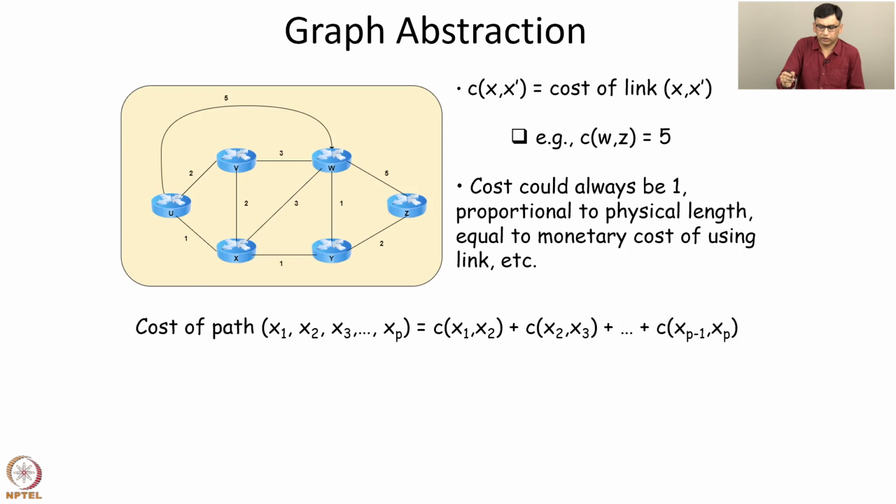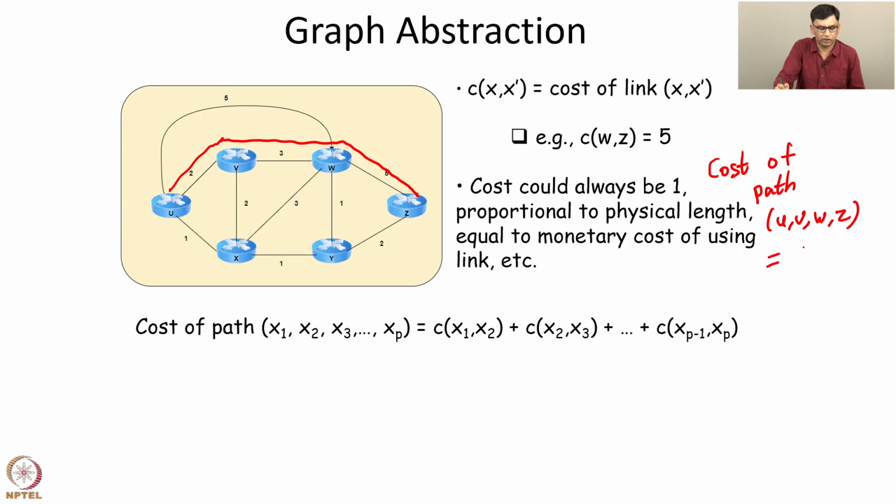Consider the path from U to V, V to W, and W to Z. The cost of the path U, V, W, Z is the sum of the costs of the edges in the path. That is, in this example, 2 plus 3 plus 5. That is 10.